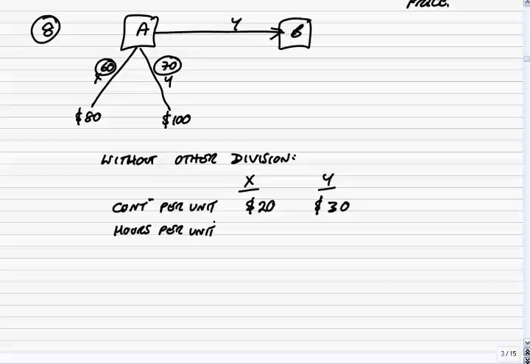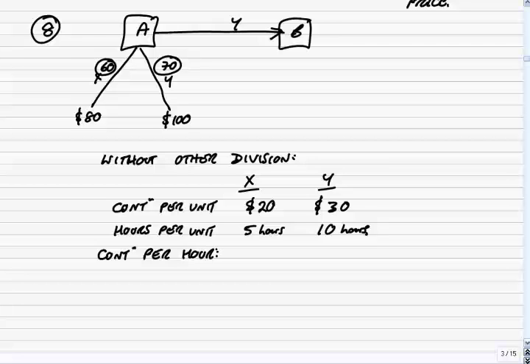If we produce unit X, we need 5 hours. Unit Y, we need 10 hours. So I hope it's clear to all of you that with limited hours, if you'd only 10 hours, with 10 hours you could make 1 Y or 2 X's. X would be better. Or standardly, don't we look at the contribution we'll generate per hour.